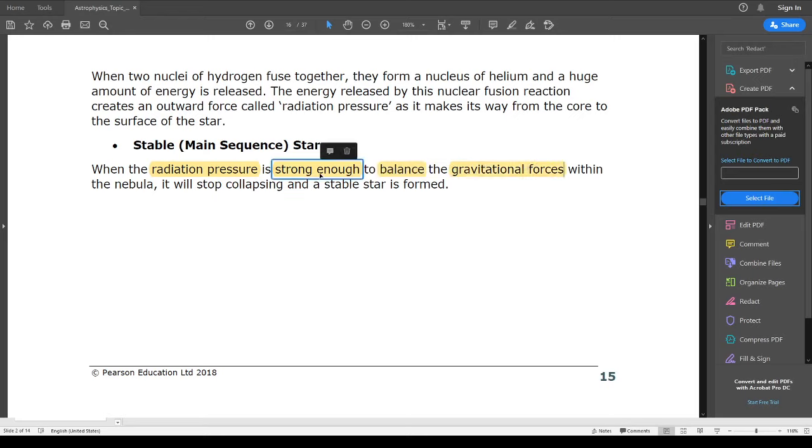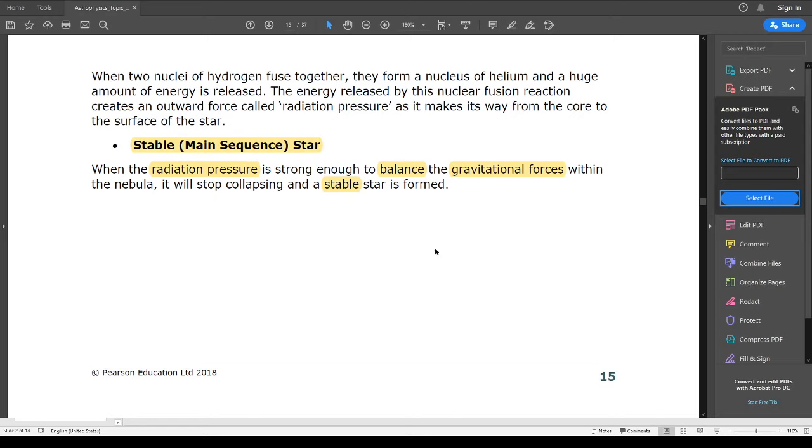So the keyword is this radiation pressure. When radiation pressure balances the gravitational force, a stable star is formed, and that stable star is called a main sequence star.